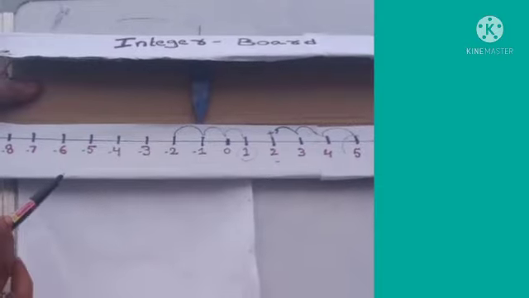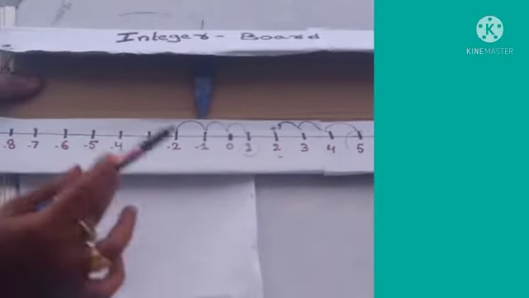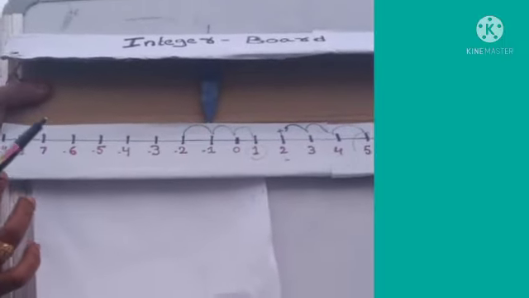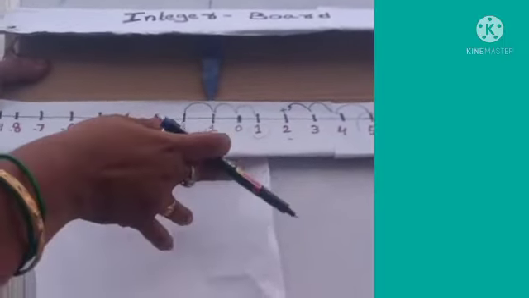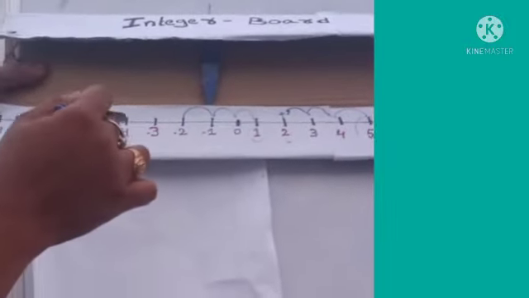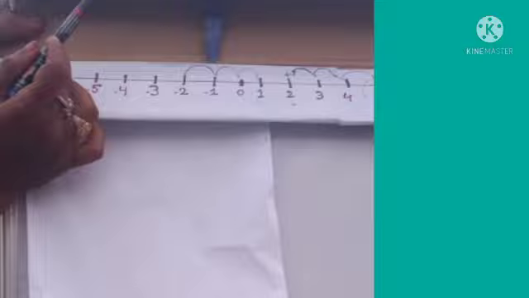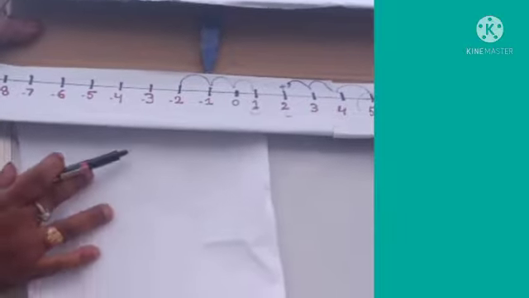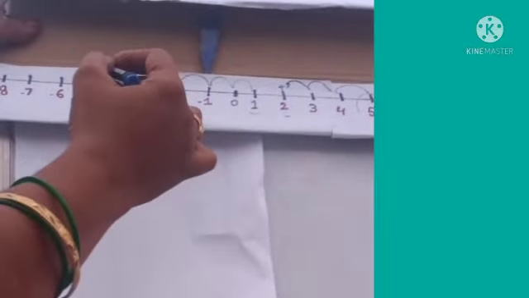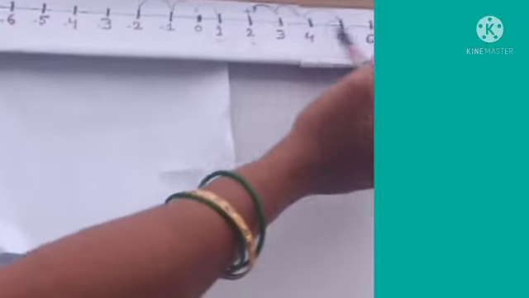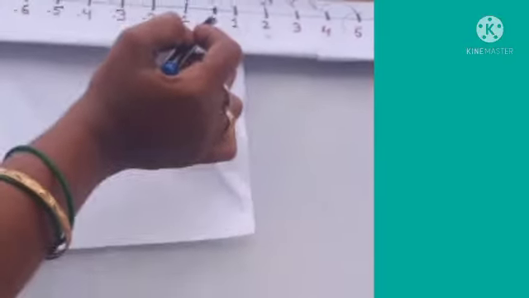So I can show the model of this and how to use it. I just used cardboard for this side, nothing different. And this label is used, integer board. We need a sheet for the integer list here from 0 to 9 on the right side of 0.